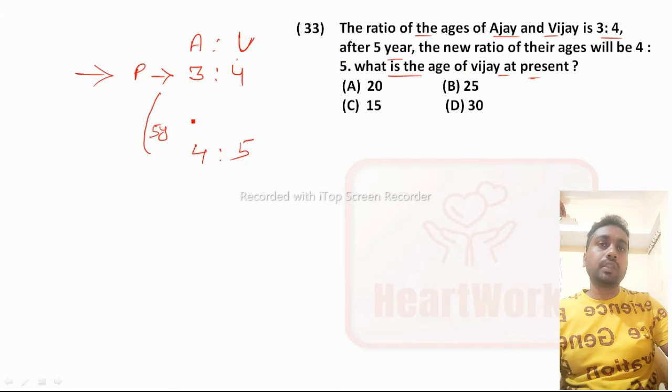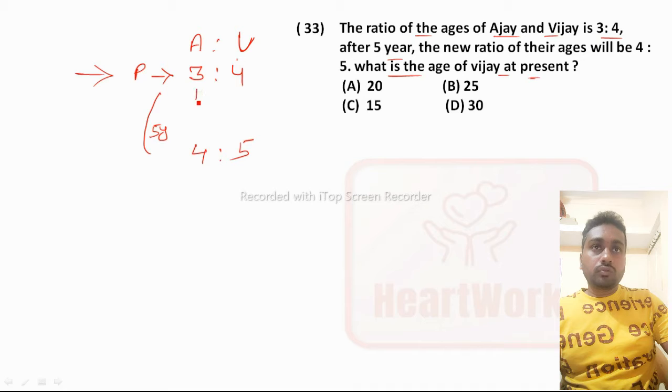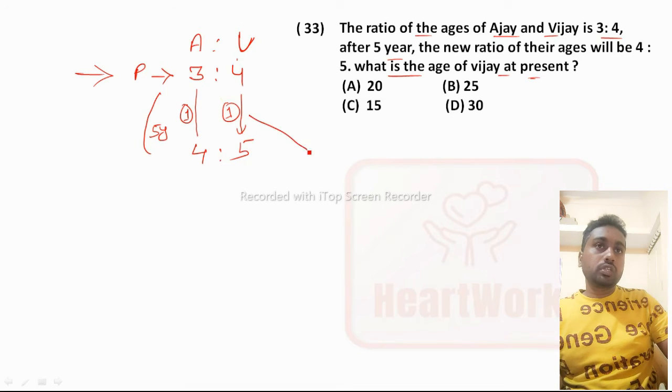How will we find it? If you see, from 3 to 4 the gap is 1 only. From 4 to 5 it is also 1 only, both are the same, 1 year according to the ratio. But in the question, what is given? From here to here, how much time is it? 5 years. So it is 5 times more, meaning 5 into 1 is 5.